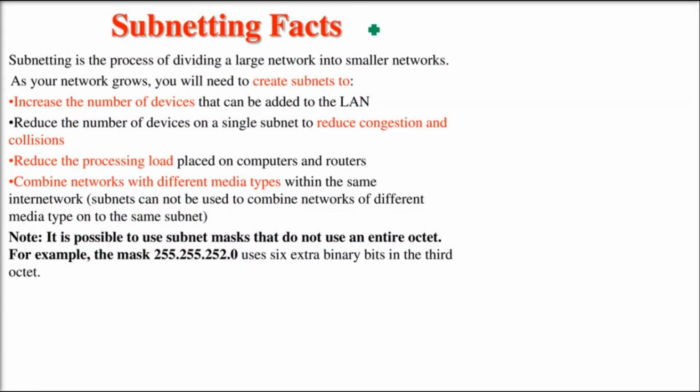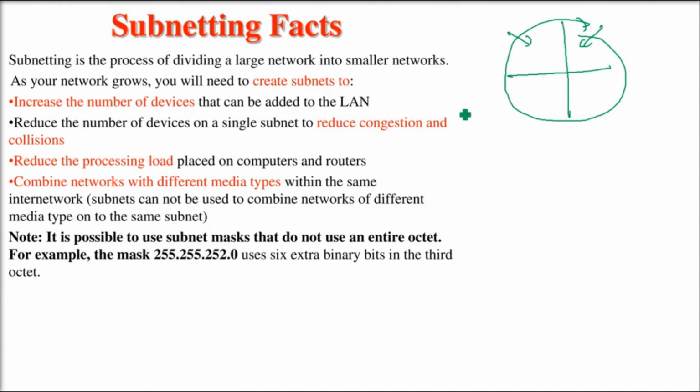Actually, we are going to discuss subnetting in the next discussion. Let me give you a brief idea here. Subnetting is the process of dividing a large network into smaller networks. As the network grows bigger, we need to create subnets. As the network grows, there are certain problems. Creating subnets increases the number of devices that can be added to the LAN, reduces congestion problems and the processing load.